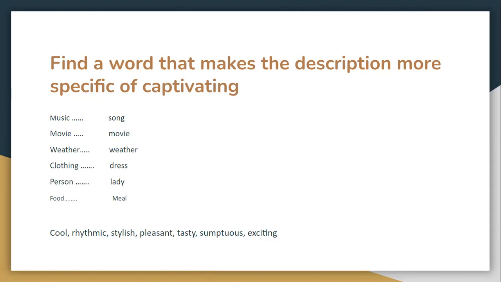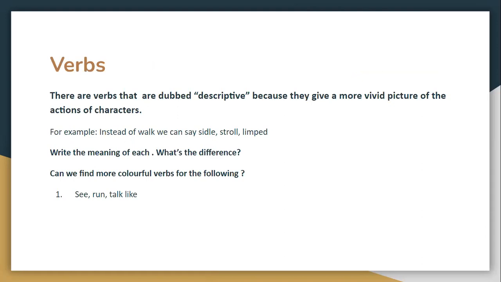The weather, it's been a cool day. The dress, it's a stylish dress. The lady is quite pleasant, and the meal was sumptuous. And tasty is an alternative for that.